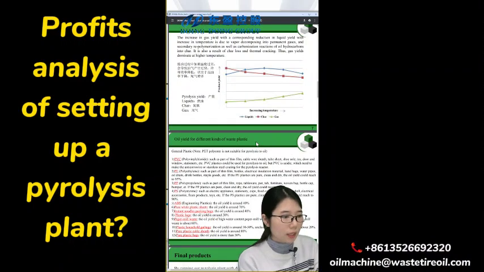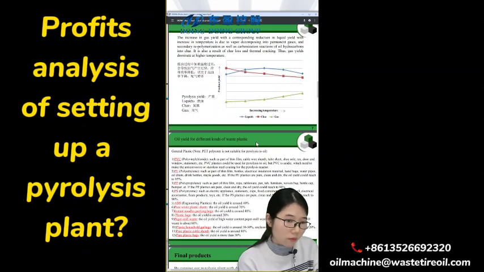Just like PE, PP, PS, for these three kinds of plastic, you can get very high oil yield. But for some ABS or packing bags and some others, maybe the oil yield will be lower.